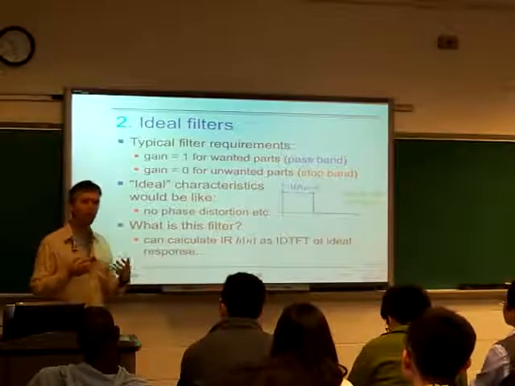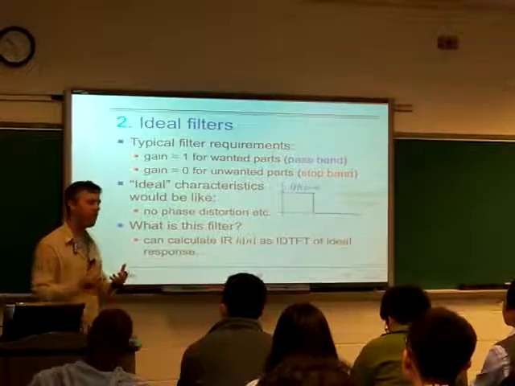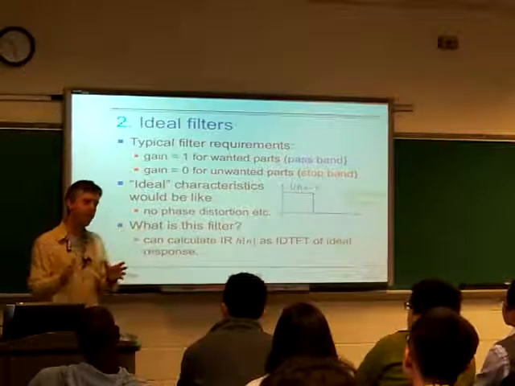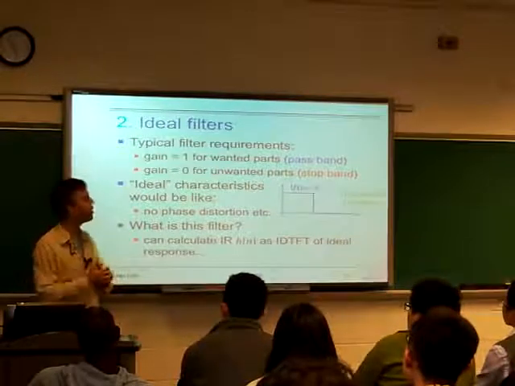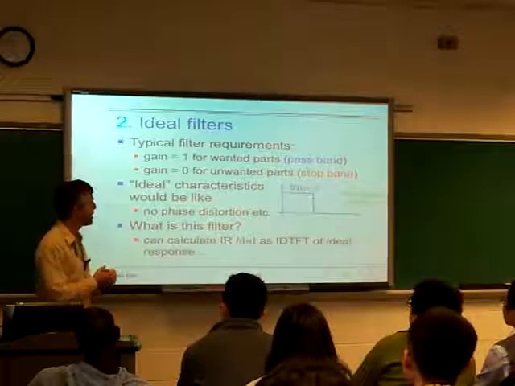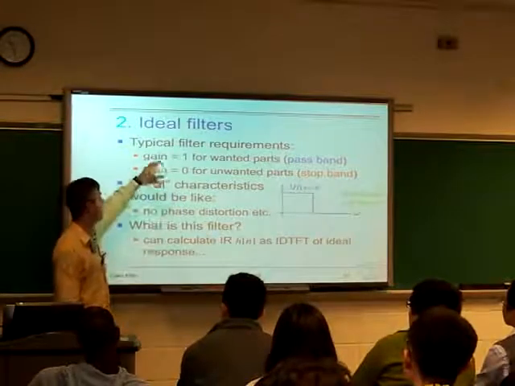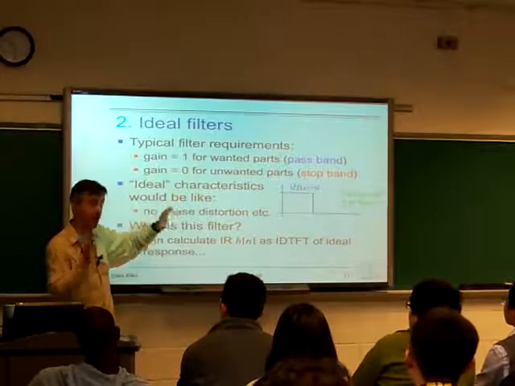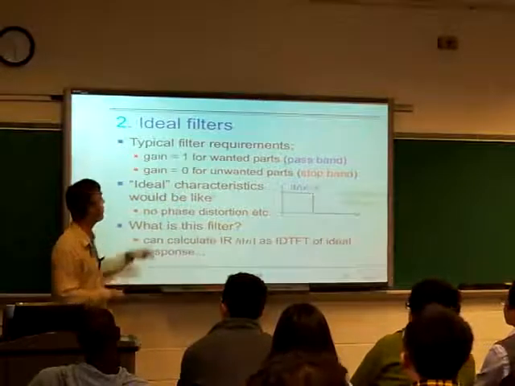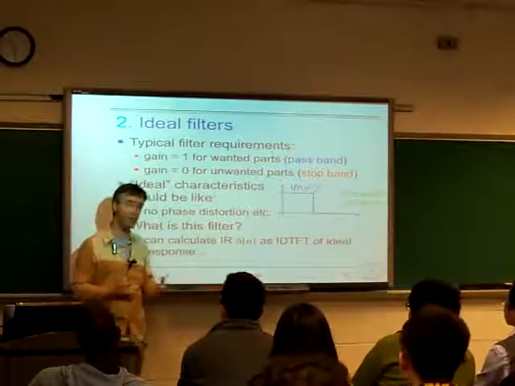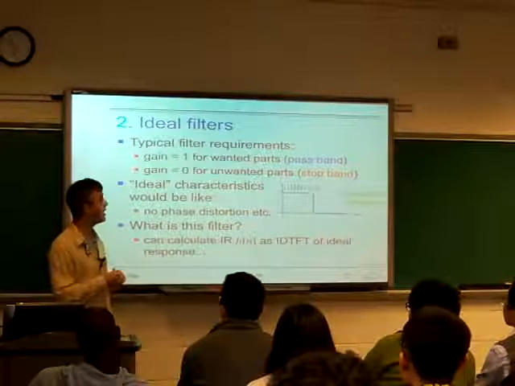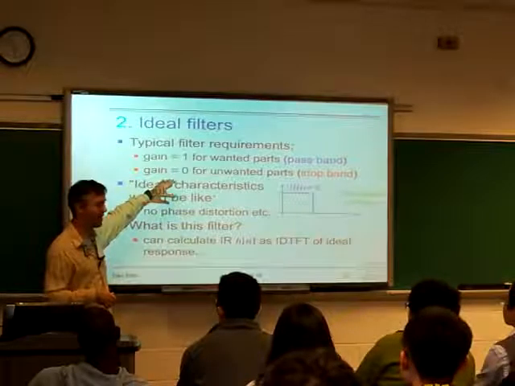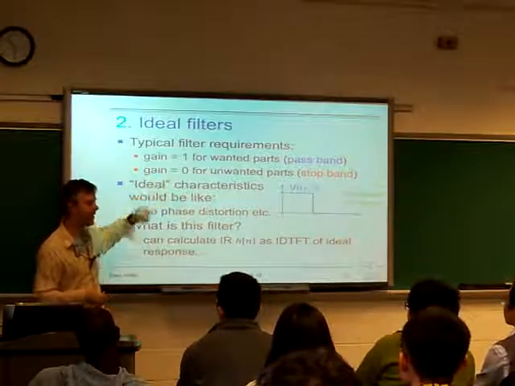The way we've talked about filters, the simplification is that there are some frequencies you want, and some frequencies you want to get rid of because they're not informative. So ideally, we want a gain of 1 for the frequencies that we want, which means they're passed unmodified, and a gain of 0 for the parts that we don't want, so they're completely eliminated.